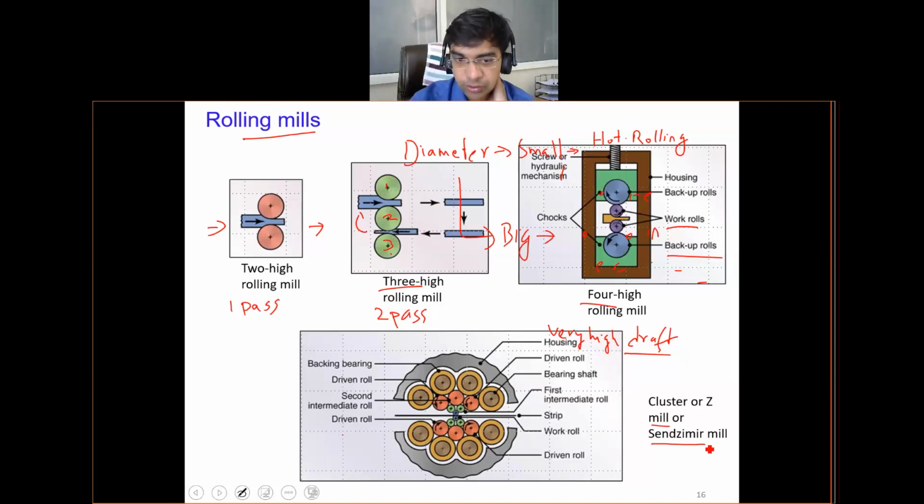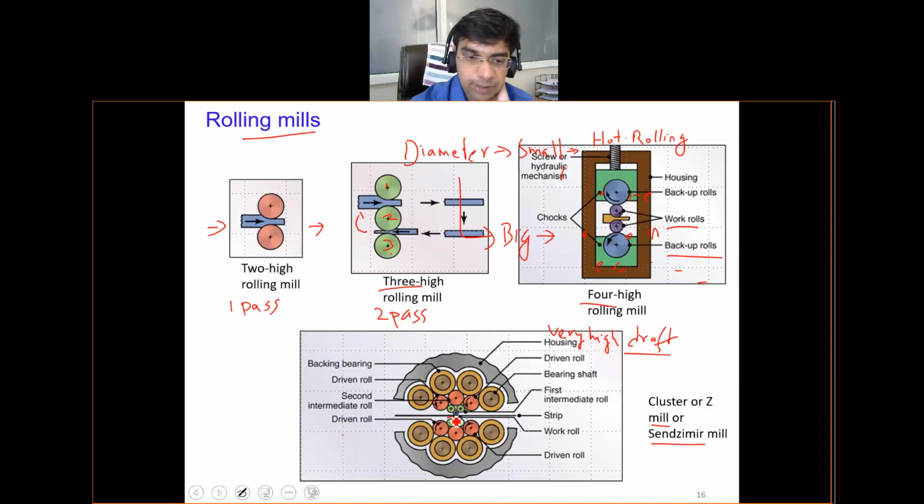In this case, you can see there are many rolling pairs, but all these rolling pairs are supporting the final rolls which do the actual rolling process. The final roll shown here in blue is supported by these two pairs of rolls in green, then these three orange, and the four brown rolls.